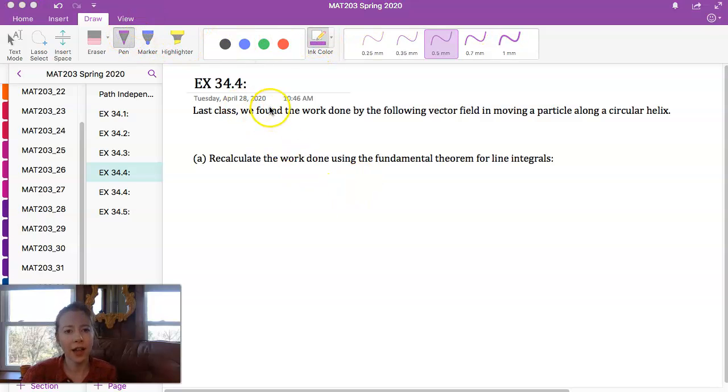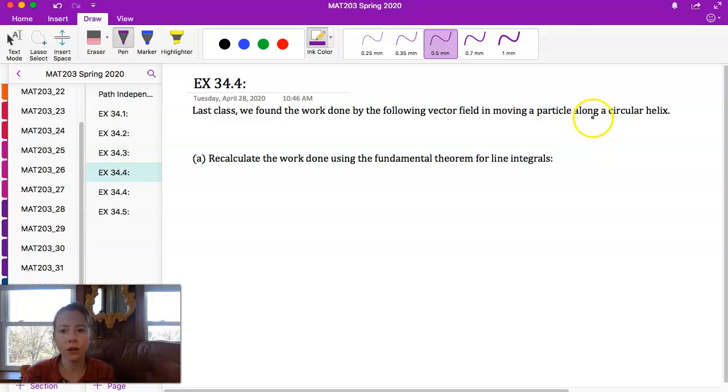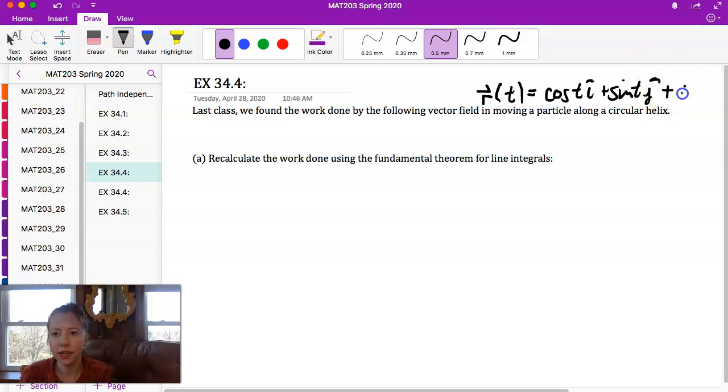All right, so last class, we found the work done by the following vector field in moving a particle along a circular helix. The circular helix is given by the position vector r of t is equal to cosine t i hat plus sine t j hat, and to make it a helix we have t k hat, where our time interval is from 0 to pi.